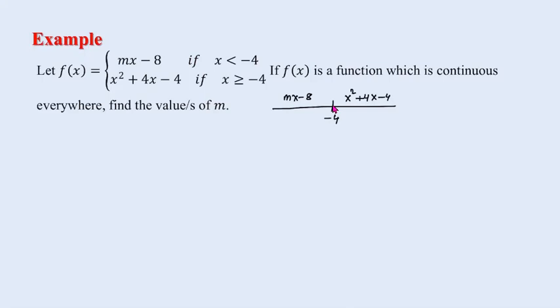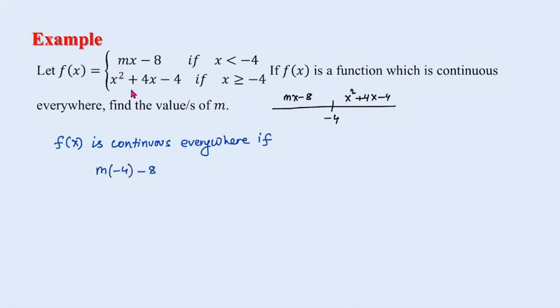So we can say f of x is continuous everywhere if, now if we plug in -4 here, the first one will be m times -4 minus 8.